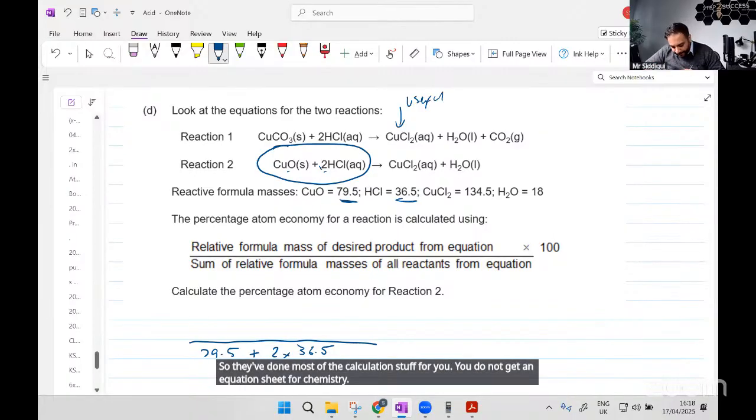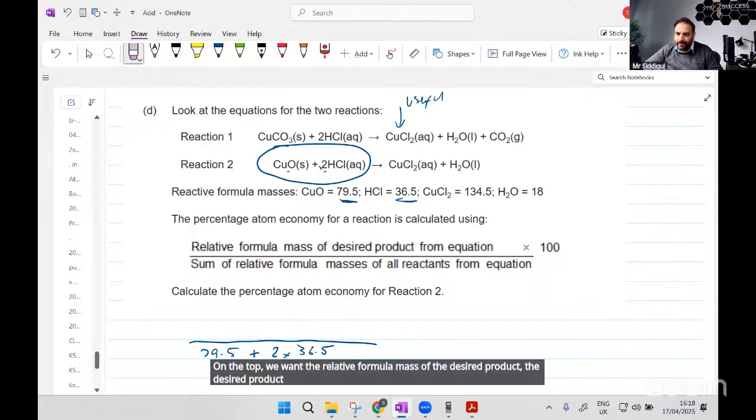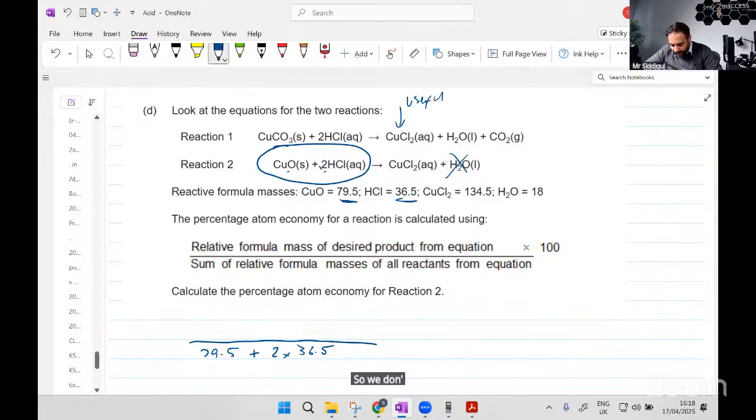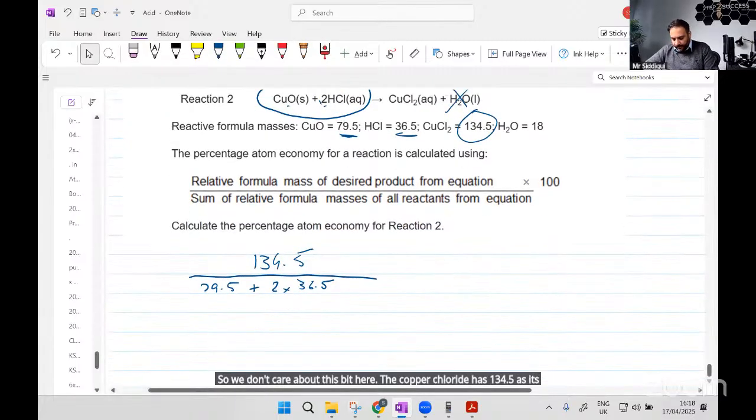On the top, we want the relative formula mass of the desired product. The desired product is the copper chloride, which is here, right? So we don't care about this bit here. The copper chloride has 134.5 as its mass. And so you just times that by 100, and that will be your atom economy.